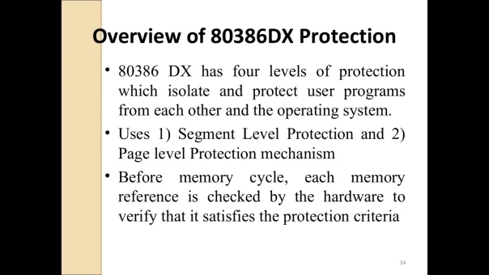So the user programs which are executed by multiple users are secured from other programs and also from the operating system. It uses segment level protection and page level protection mechanisms. Before each memory cycle, each memory reference is checked by the hardware to verify that it satisfies the protection criteria.